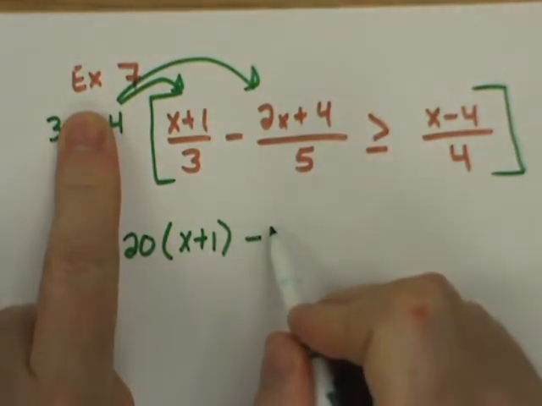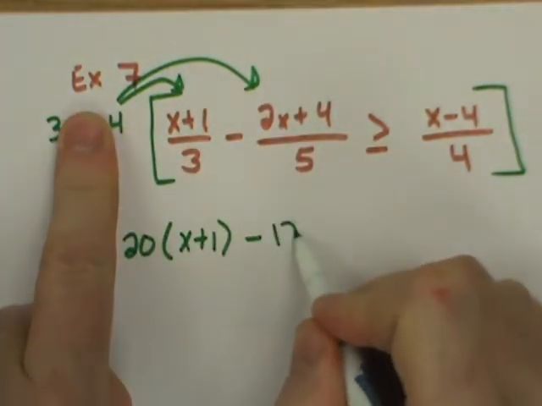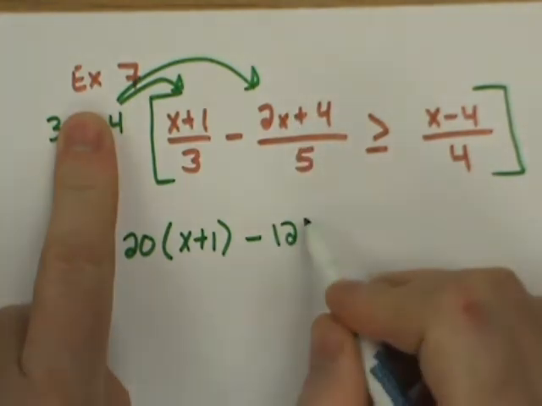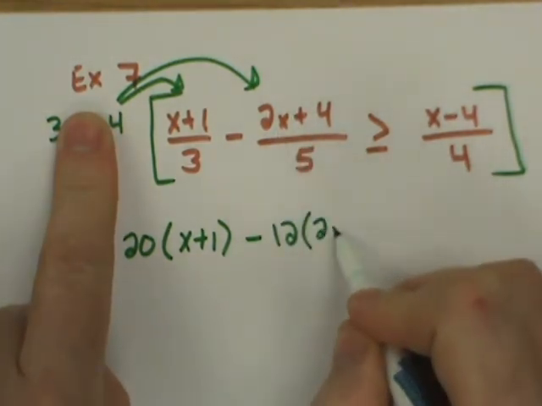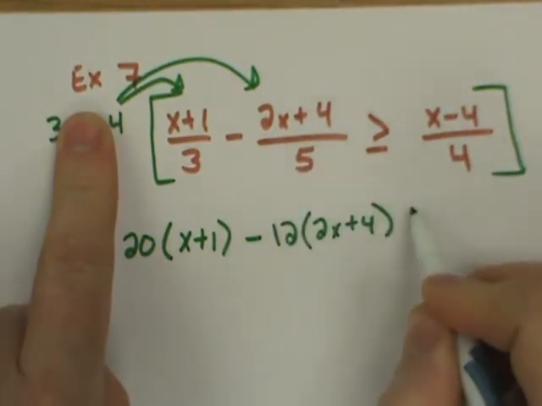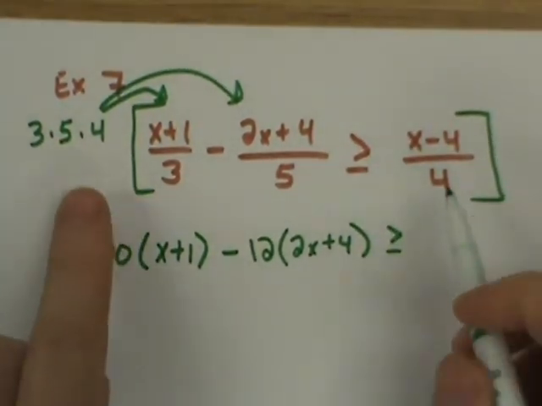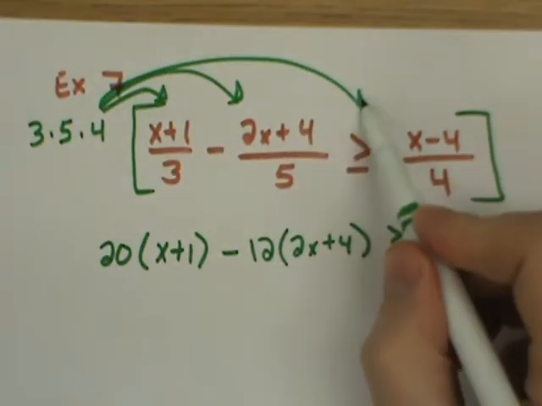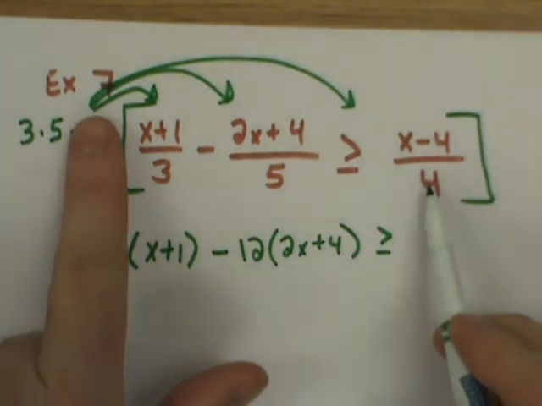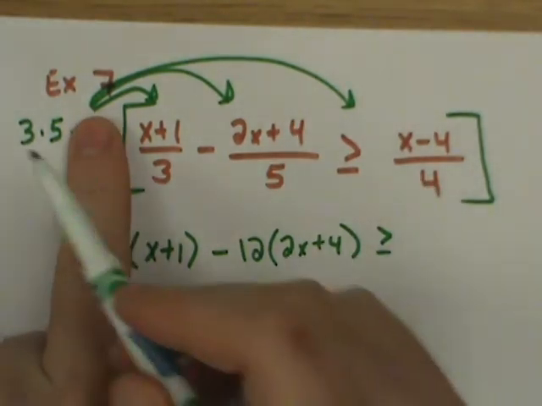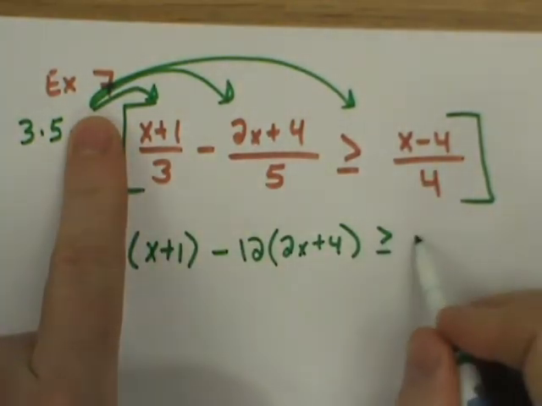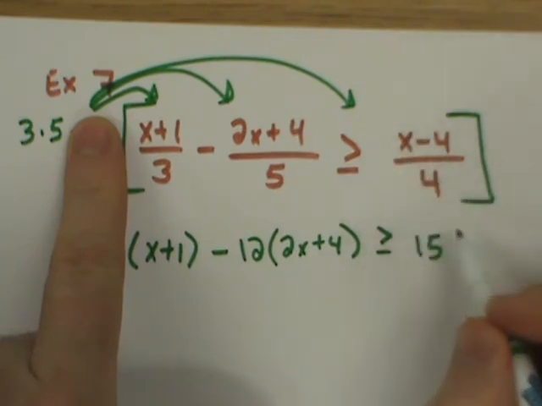I'm going to say minus 3 times 4 is 12. Numerators always come down unchanged, so it's 2x plus 4 greater than or equal to, and for this last fraction, as I distribute all the way over, the 4's would drop out. If the 4's drop out, 3 times 5 is 15, and this numerator comes down as x minus 4.